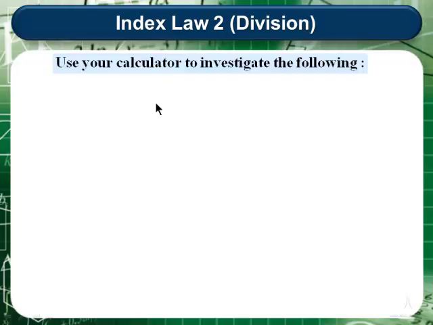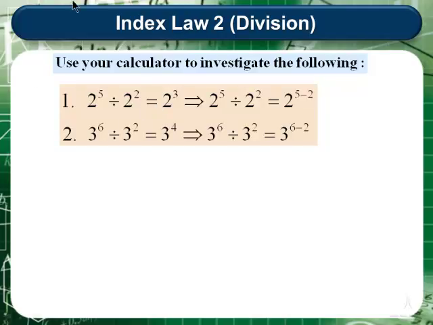Let us look at the second index law, or the law for the division of two powers. You can also utilize your calculator to some extent in these investigations. The first example, if we have 2 to the power 5 and we divide it by 2 to the power 2, then this will give us an answer of 2 to the power 3.